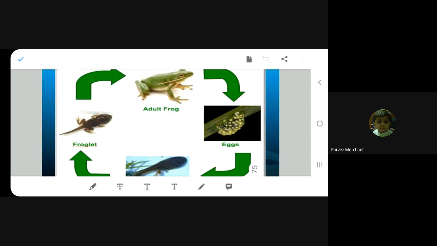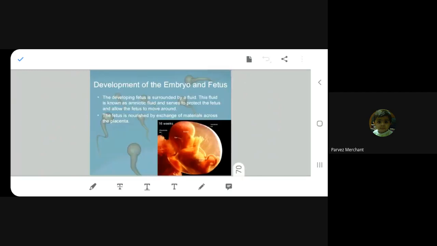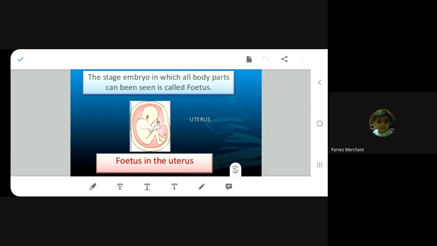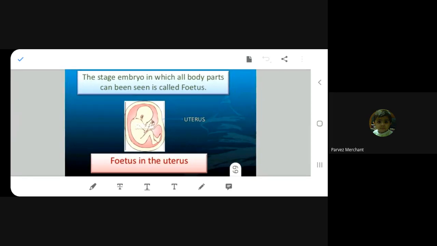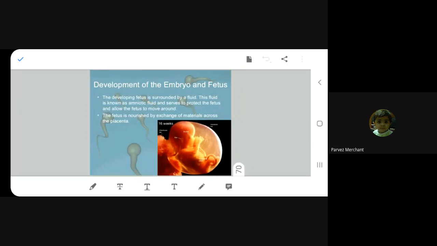What is the difference between zygote and fetus? Fetus, beta, is a small baby. When a small baby is growing inside the mother's body, that is called a fetus.